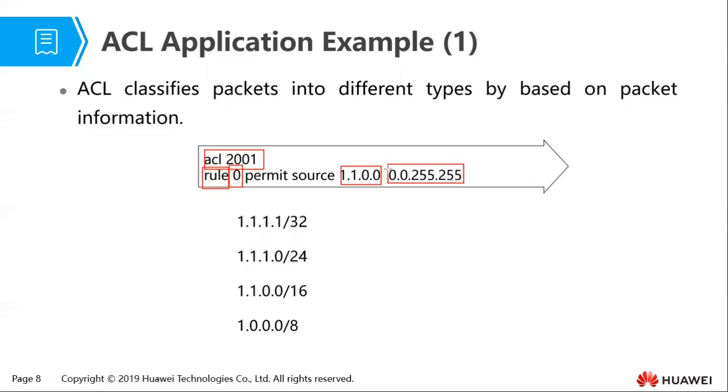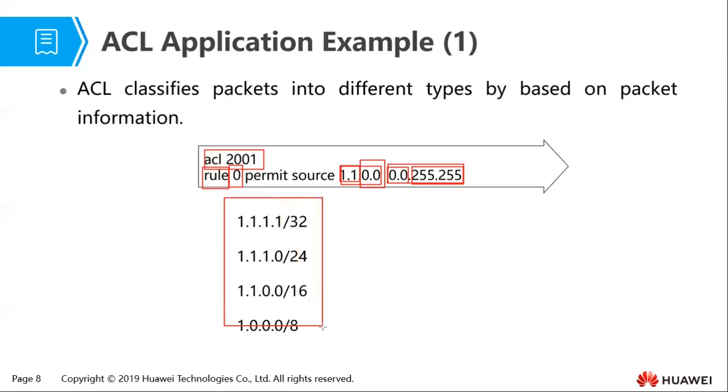Anywhere we have zeros, that part should remain the same. Anywhere we have ones, that part can vary. So any packet that is coming with a source 1.1 dot anything else will be permitted with this ACL.